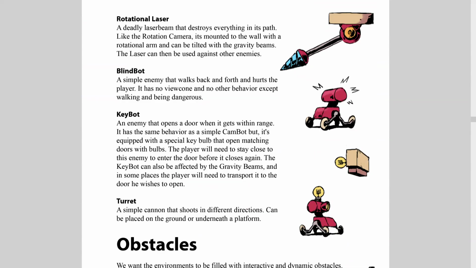Also for our purposes, if you make an enemy design, let's say, you probably want to be more detailed than "a simple cannon that shoots in different directions can be placed on the ground or near the platform." This is great for this one because that's what the turret does.